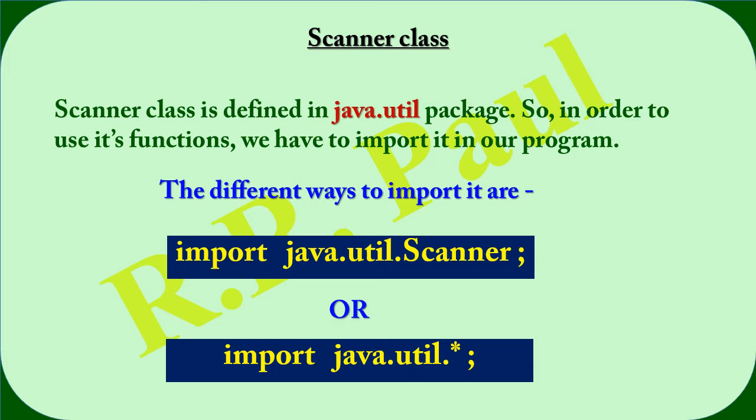So if needed, we can use those classes also in our program. But in the first case, only the Scanner class can be included in our program. And in the second one, all the classes of the java.util package are made available in our program.